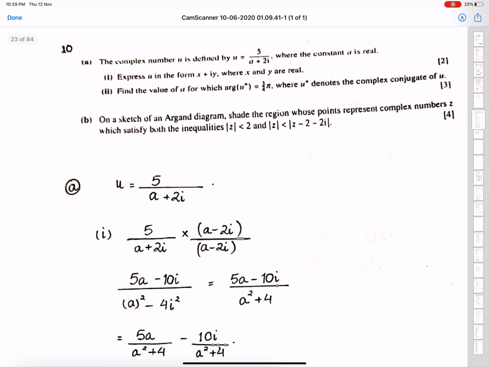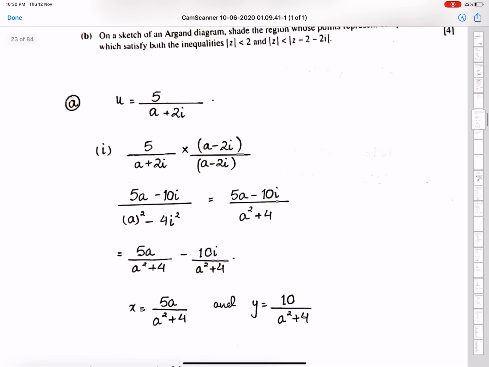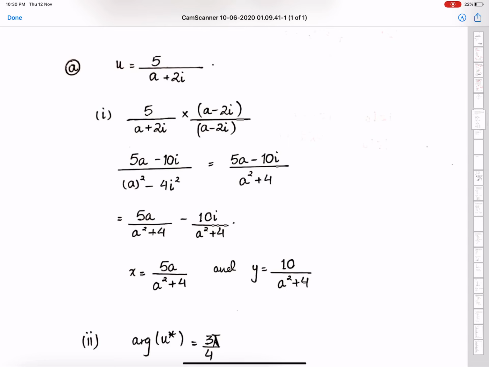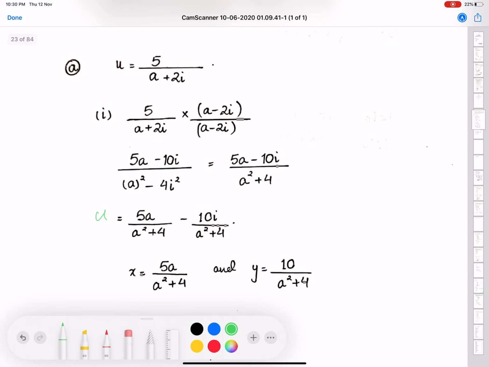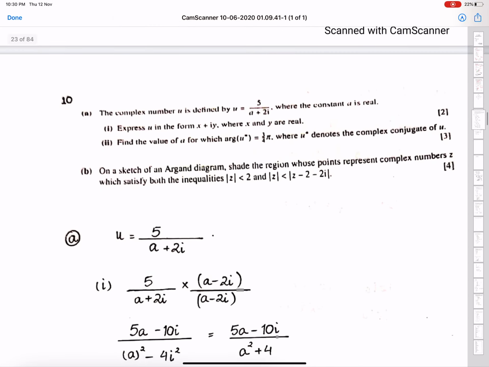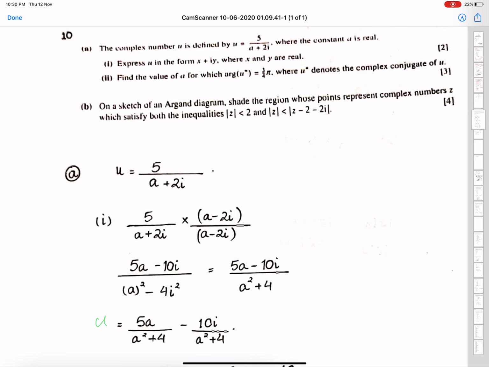Well, in this question, we have to first express u in the form. By rationalizing u, we can express this as this. This is u. And the second part is: the argument of u star is 3 pi by 4.